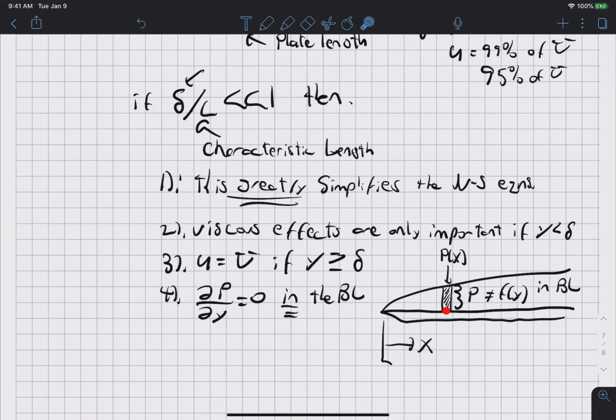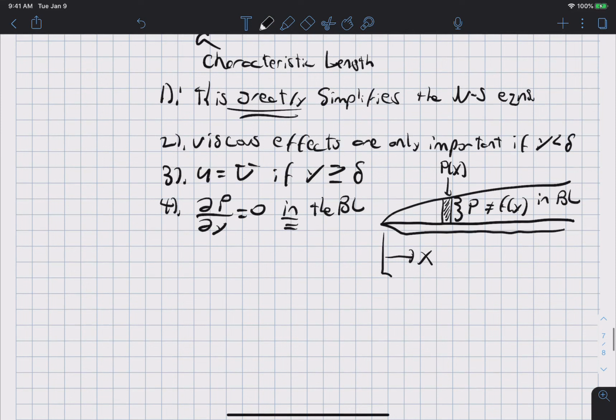So that the pressure at the plate is the same as the pressure on top of the boundary layer. Okay, and now the pressure might be different here, but at least in a vertical strip, the pressure will be perfectly uniform. And so this has the consequence that the pressure is imposed on a boundary layer by the inviscid flow above it.